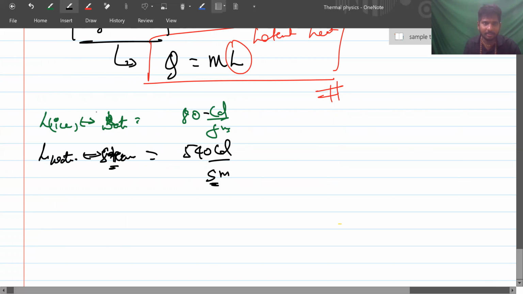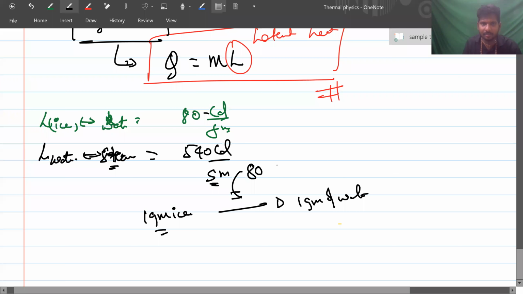Got it? Yes, sir. So that means you can write like this. Suppose I'm taking 1 gram of ice. If I want to convert it into 1 gram of water, I need to give 80 calories. Got it? Yes, sir. For 1 gram.